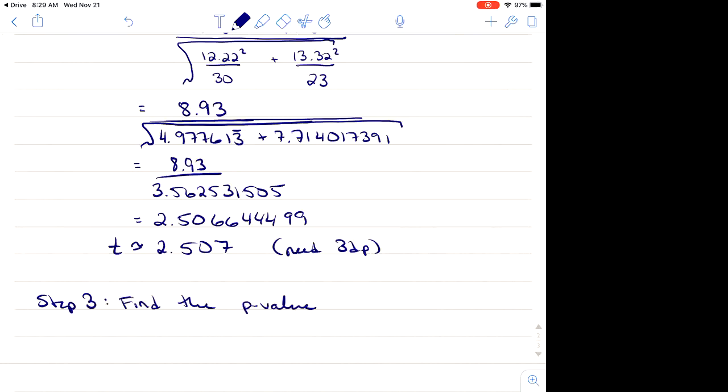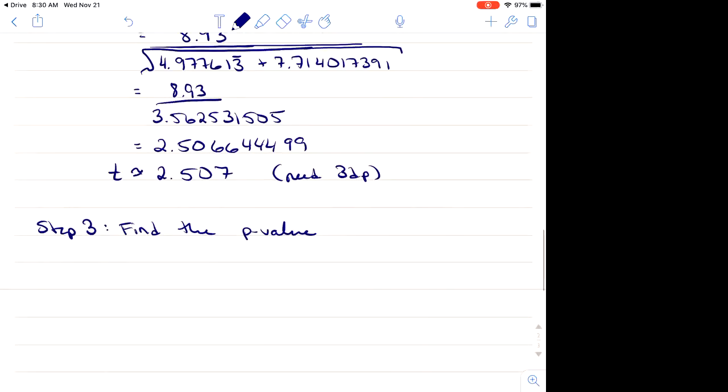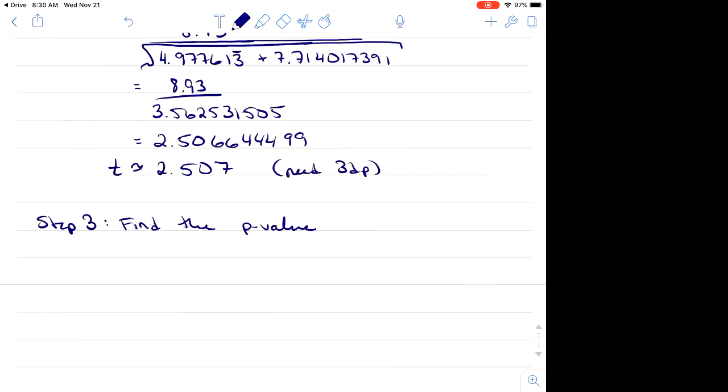Now that we have a t, we have to find our degrees of freedom. So let's make a note here. Using table C, with degrees of freedom equal to, we talked about this last day, the minimum of n1 minus 1 or n2 minus 1. Basically, you're taking the smallest sample size minus 1.